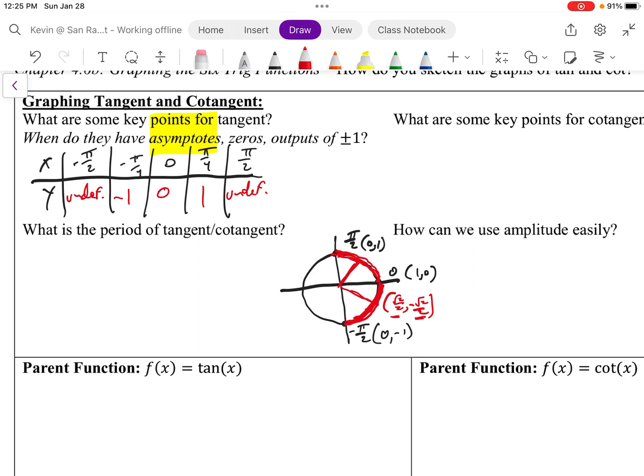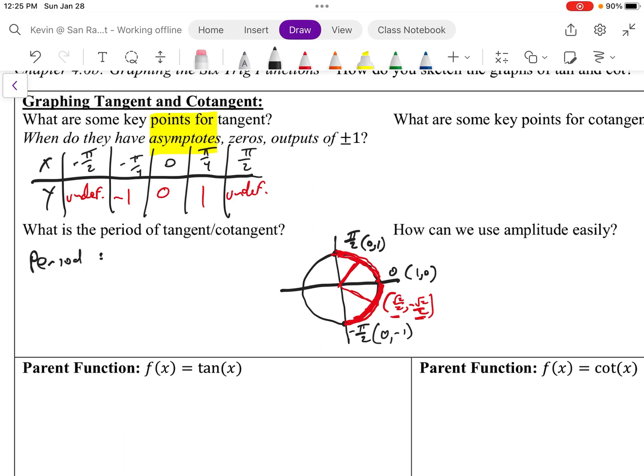Okay, so our 0 is at 0 radians. Our positive and negative 1 is at pi over 4 and negative pi over 4, and then our asymptotes are at negative pi over 2 and pi over 2. And our period, what is the period of cotangent and tangent?